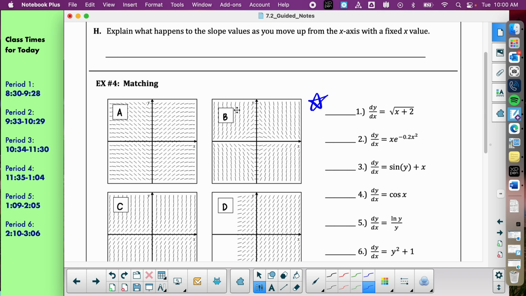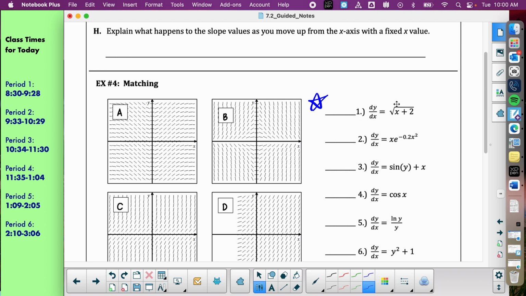Most people start off by picking what would be the easiest point to pick? 0, 0. You don't have to. You could certainly pick 1, 1. Pick easy numbers.